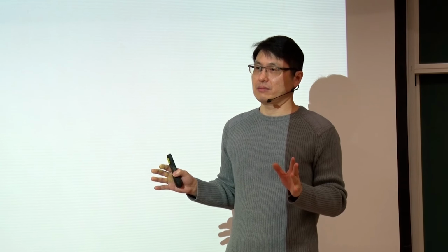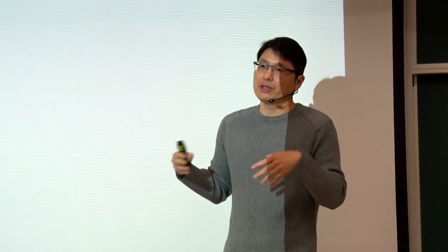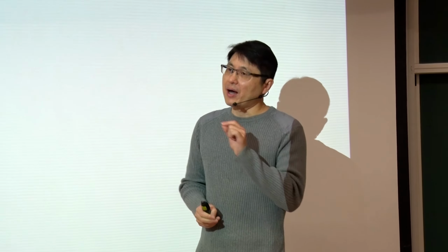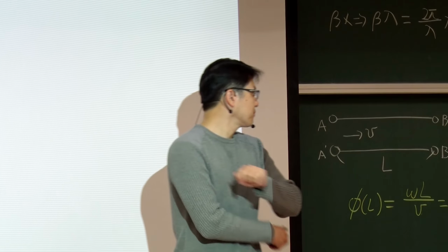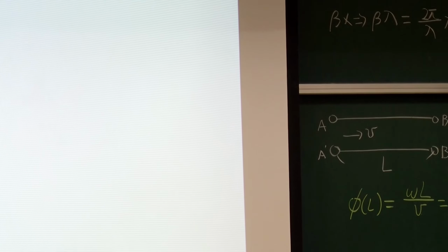So if your operational wavelength is very long as compared to the transmission line, you don't care. It's just two wires. You only care about its resistance, capacitance, or inductance. But if your operational frequency is high, then you have to worry.